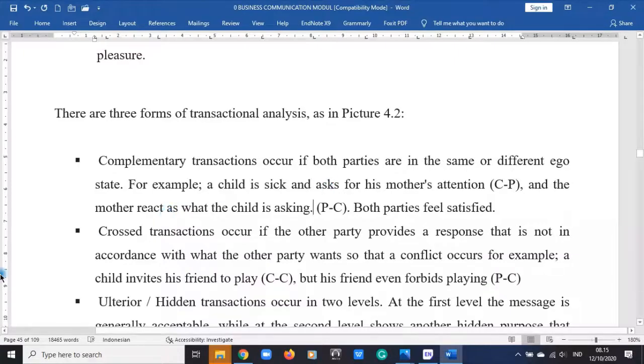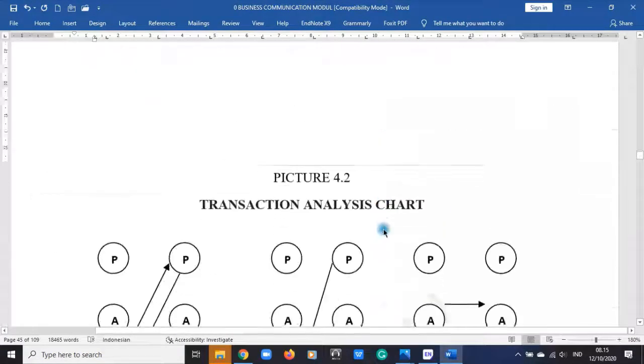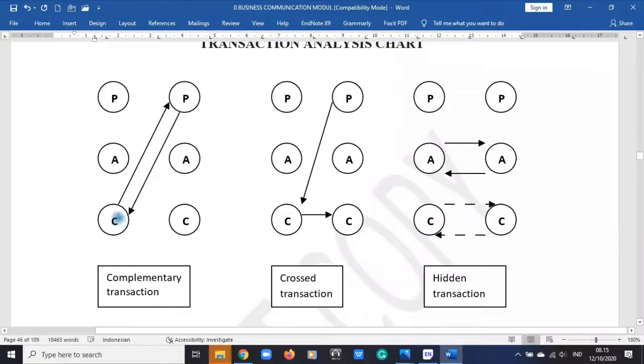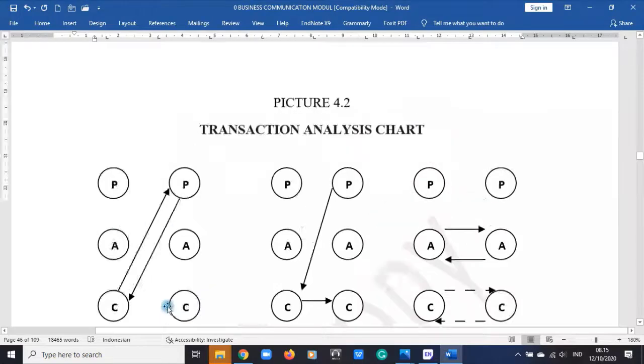Then both parties will feel satisfied. Like here, the child says he's sick to the parent and the parent gives love.